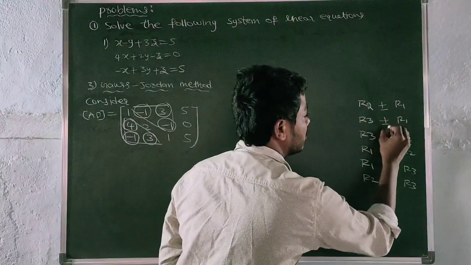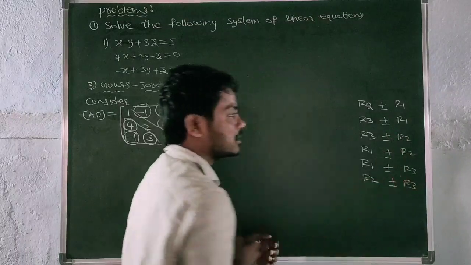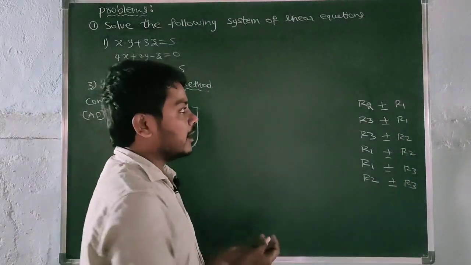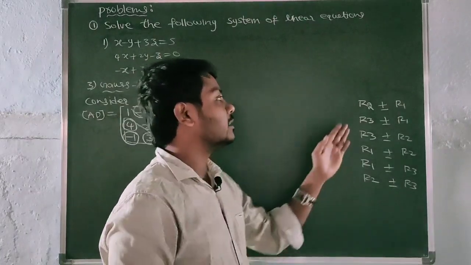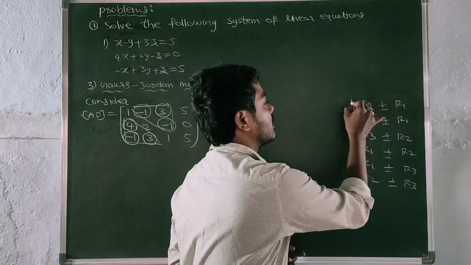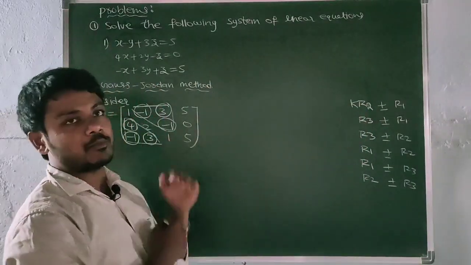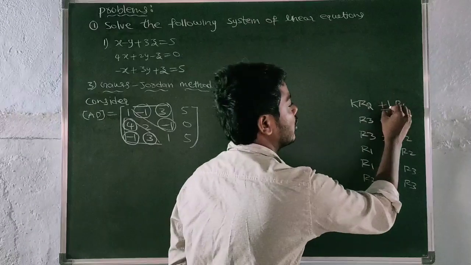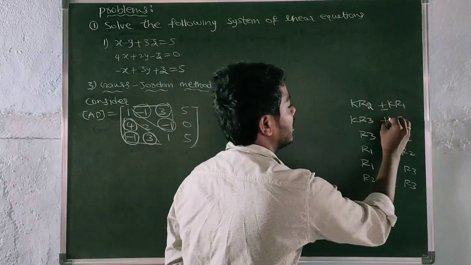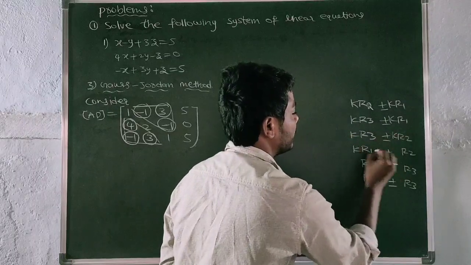So here also similarly plus or minus. Now here multiplying these rows with k. Here k is any real number, that depends on the problem. Here kR2, kR1, similarly kR3, kR1, here also kR3, kR2.